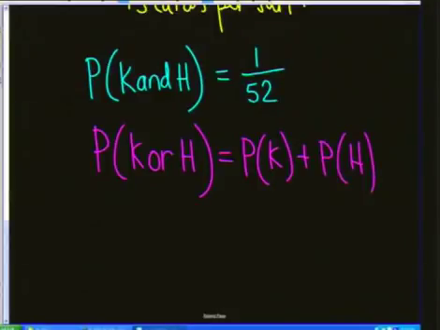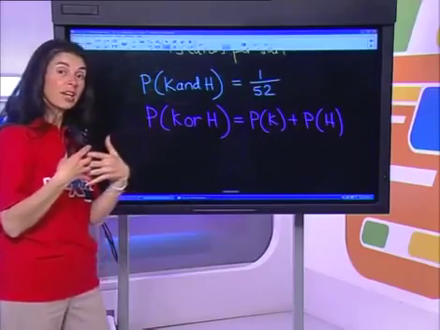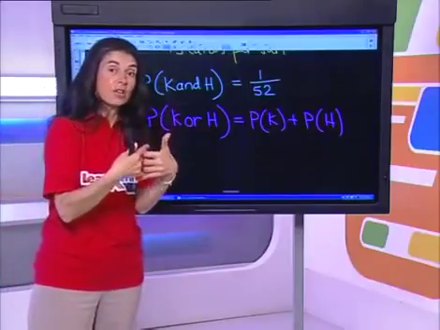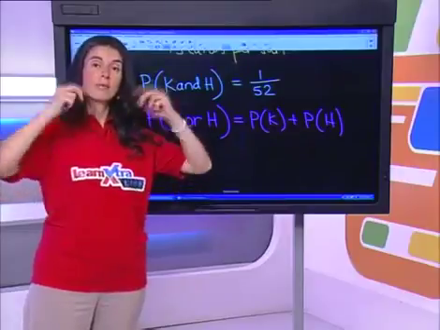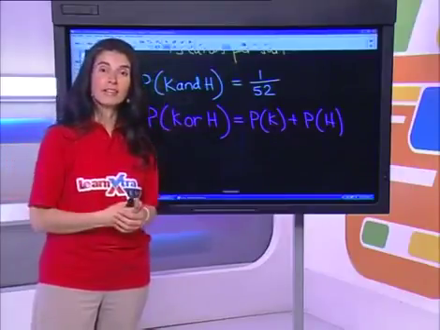But can you see that what's happening now is that my probability of a king would be 4 out of 52. My probability of the heart would be 13 out of 52. But this card is in there as well, because the hearts have got a king and the king has got a heart. So that intersection of the 2 cards is being counted twice. So that probability doubles because we're counting it twice.